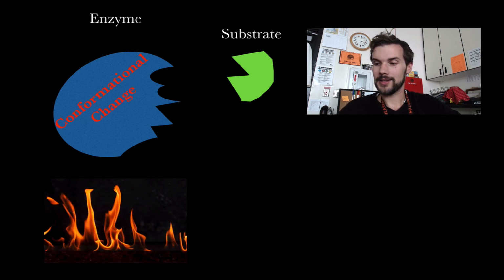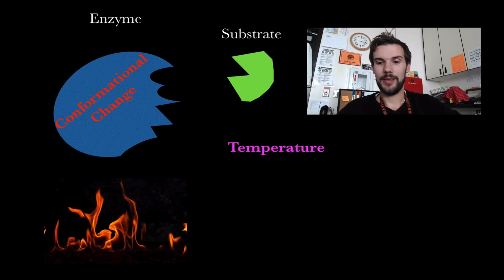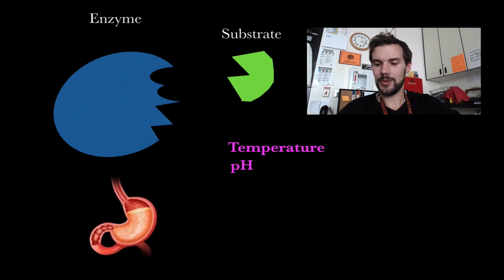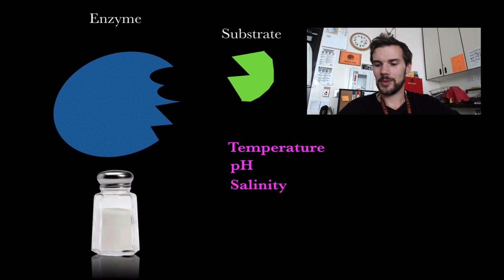One is really high temperatures. That can change a lot of the bonding structures. The next one can be pH. So our stomach acid is a really low pH, and that can denature some of the enzymes. And the last one, salinity: extra salt can greatly change the shape of an enzyme.